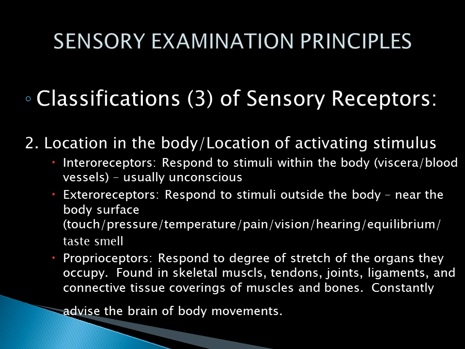And there are three basic locations where sensory receptors can be found. The first location is areas within the body, within the substance of the body. Generally, these are found in and around blood vessels and in and around the viscera. And these are the so-called interoreceptors that respond to stimuli within the body.